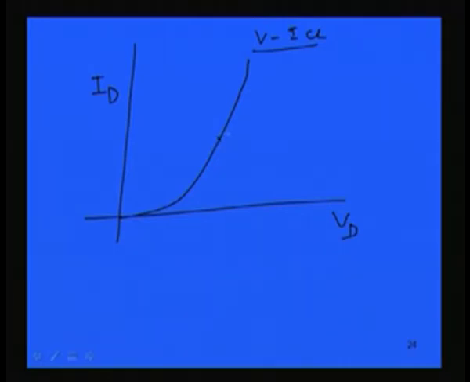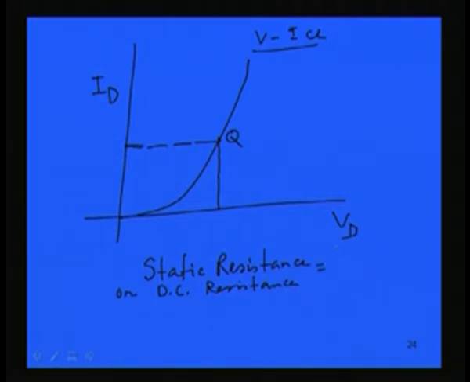Suppose I have voltage applied across the diode and the current through the diode given by a particular point Q, then you will be finding out the resistance which is known as static resistance, or also known as DC resistance. So, static resistance is given by the ratio between the voltage and current at that particular point Q where you are operating.